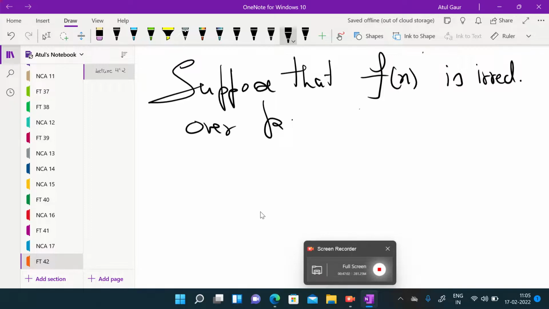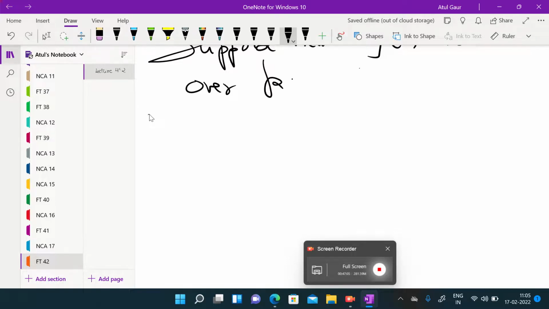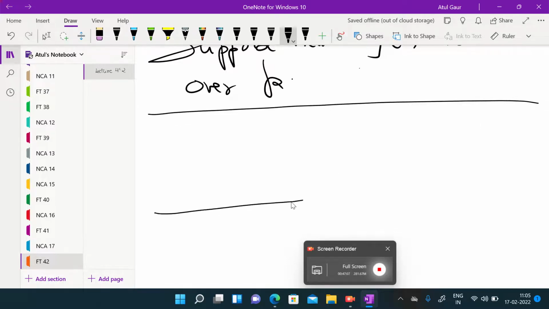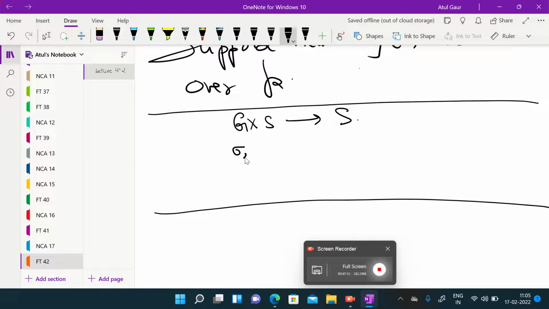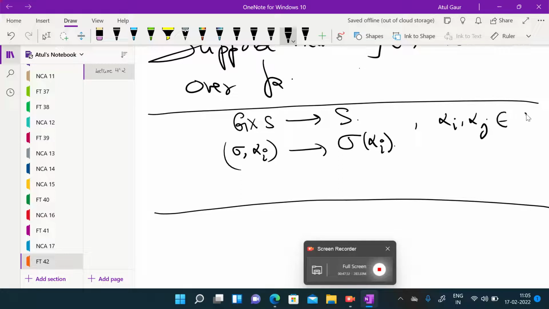So when will the action of G on S be transitive? What is the action of G on S? G cross S to S. You have any automorphism sigma, any root alpha_i, it will simply go to sigma alpha_i. This is the action of G on S. The action is transitive when, for any alpha_i, alpha_j in S, there is an automorphism sigma such that alpha_i goes to alpha_j.